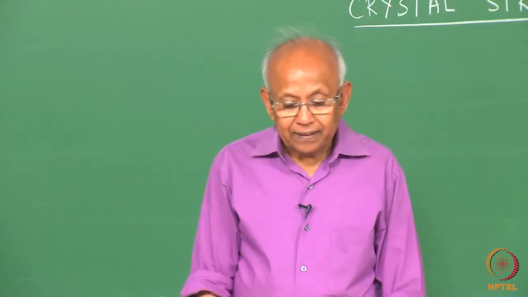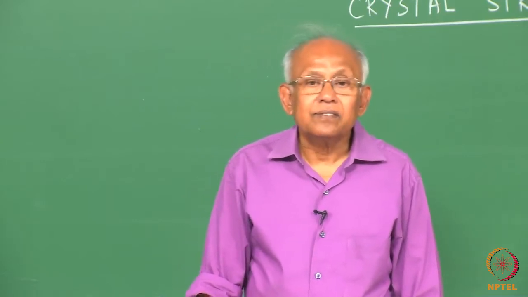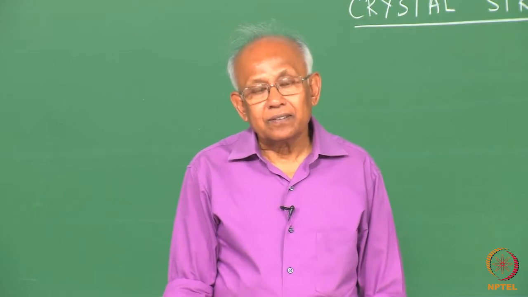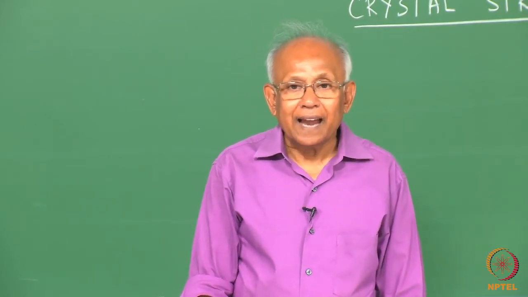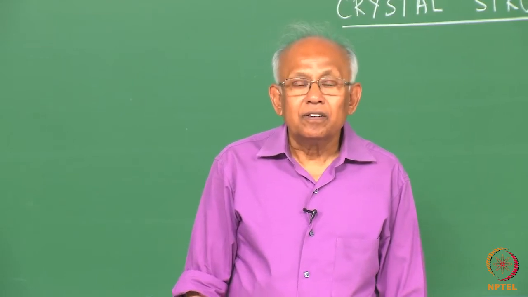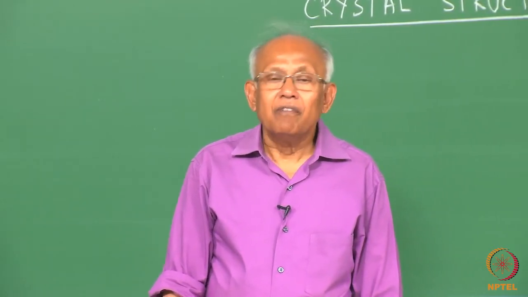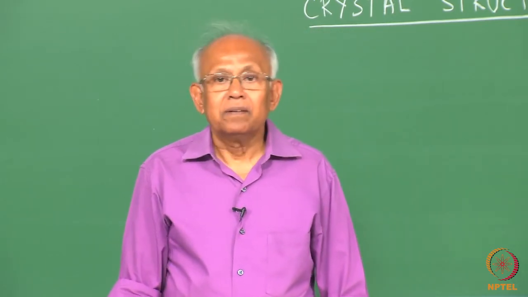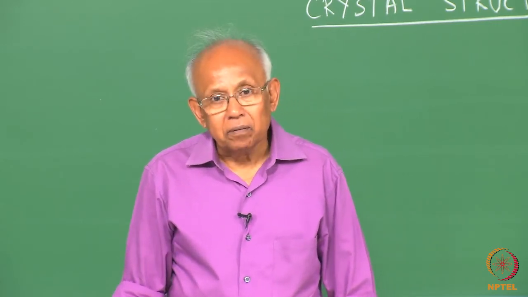Now, here I shall discuss how to determine the crystal structure, Bragg lattice and lattice parameter from the X-ray diffraction lines of an FCC material, a BCC material and an HCP material.